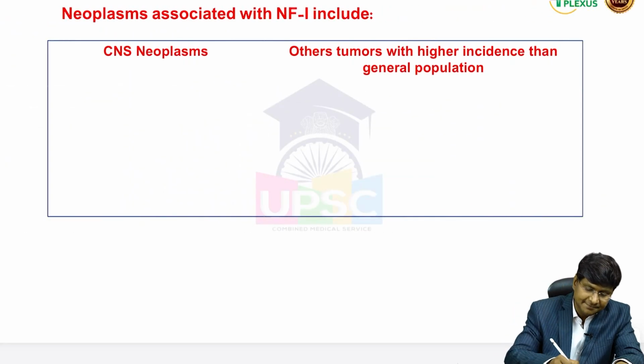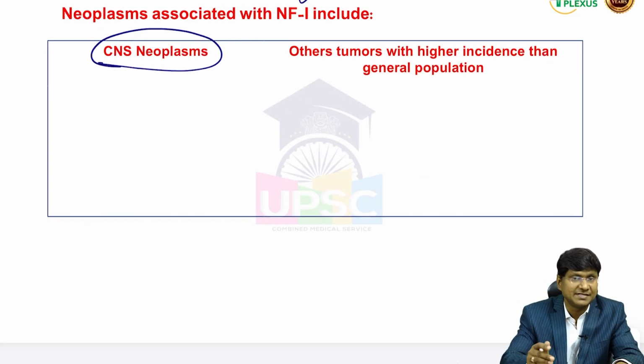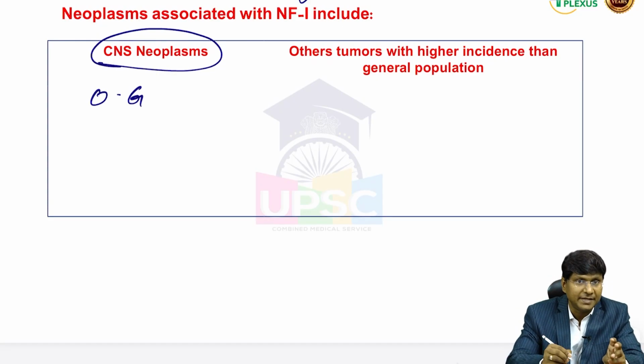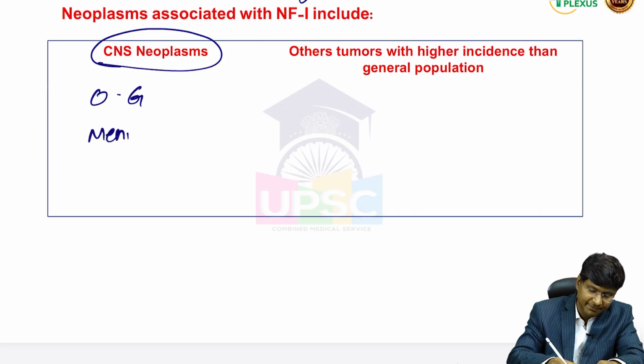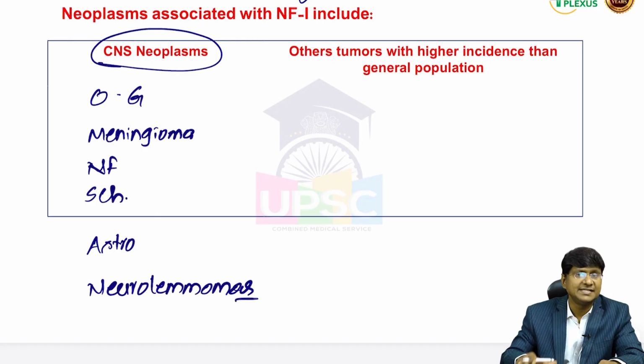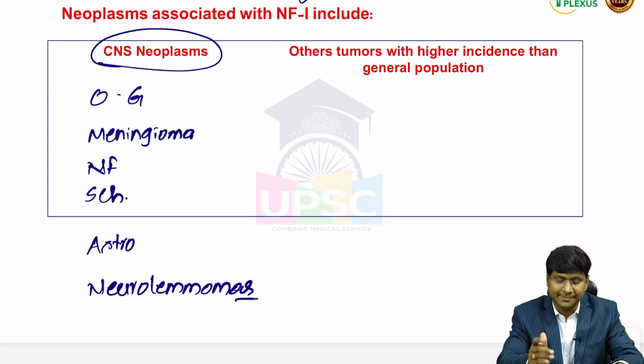If you look particularly at CNS neoplasms in neurofibromatosis type 1, they include, number one, optic glioma, number two, meningioma, and next neurofibromas, followed by schwannomas, astrocytomas, and neurilemmomas.